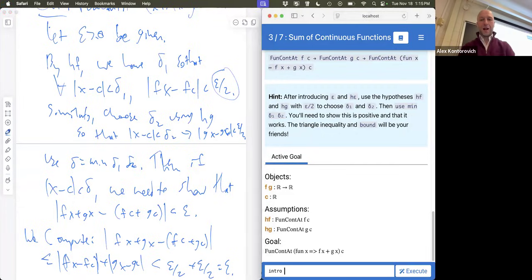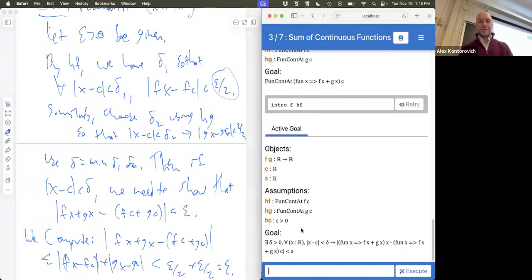Okay. Intro epsilon, h epsilon. All right. Where am I supposed to get the delta? Choose delta 1 and h delta 1. Well, I need the positivity, delta 1 positive. I'll just make it 1 instead of something fancy. Positive and h delta 1 using HF, where I stick in epsilon over 2.